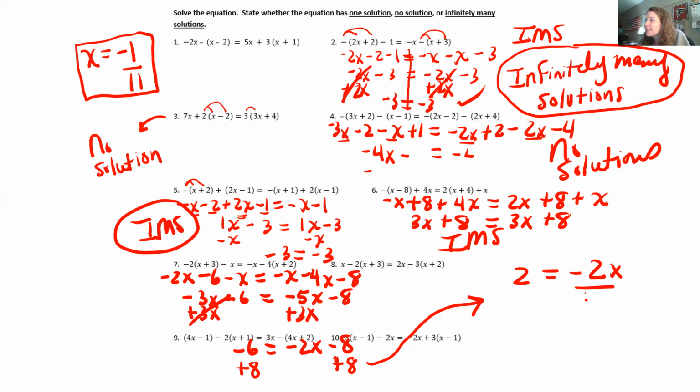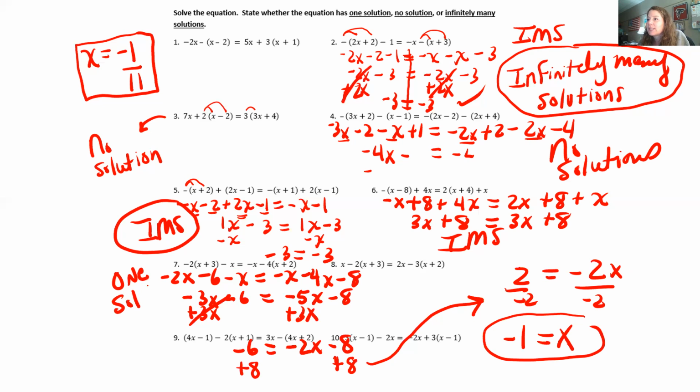And then we divide both sides by negative 2, and we get x is equal to negative 1. So number 7 has one solution, and the answer is negative 1. So when you do have one solution, you have to tell me what the answer is.